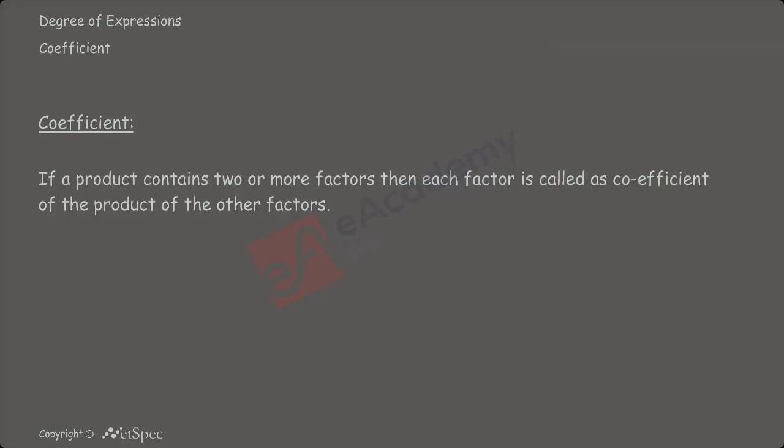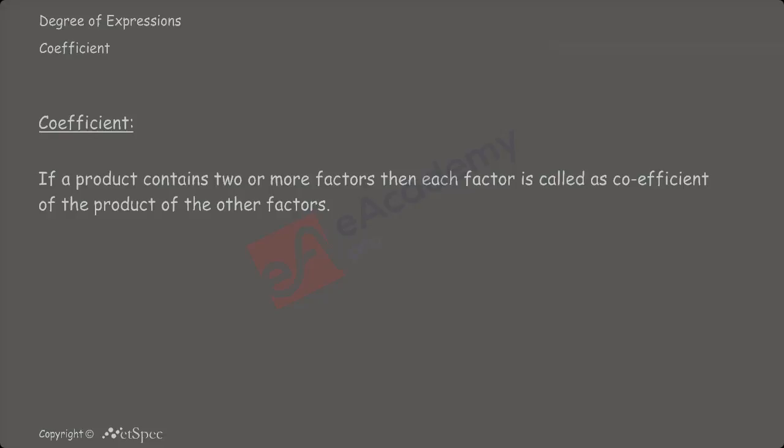To make this concept clearer to you, let me explain with the help of a definition. If a product contains two or more factors, then each factor is called the coefficient of the product of the other factors.